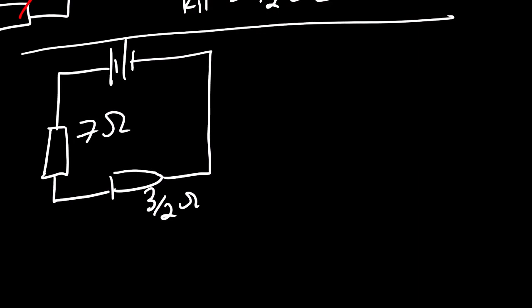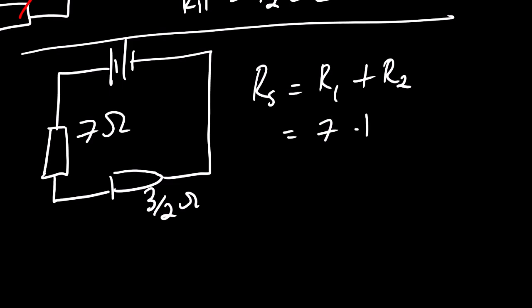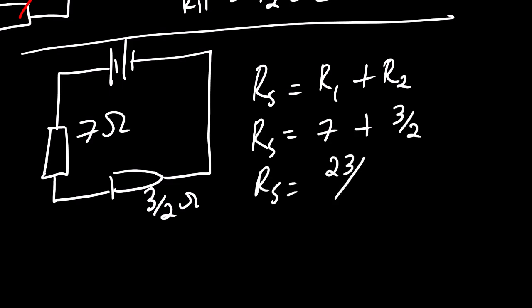Now we no longer have parallel connection, so we go ahead and calculate the series connection. So it's 7 plus 3 over 2. We get that our series connection is 23 over 3 ohms.